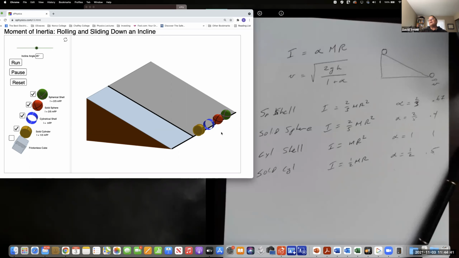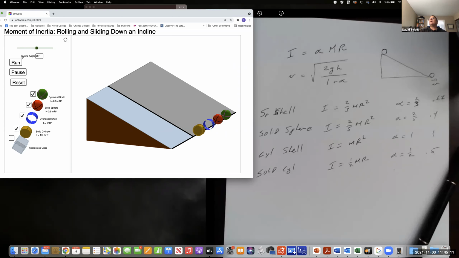Because now its I is bigger. Its omega is going to be smaller, but I is bigger. And it also goes as R squared. We have distributed mass far out. So it'll have lower translational kinetic energy, but higher rotational kinetic energy, because all that mass is distributed out here at the edges.